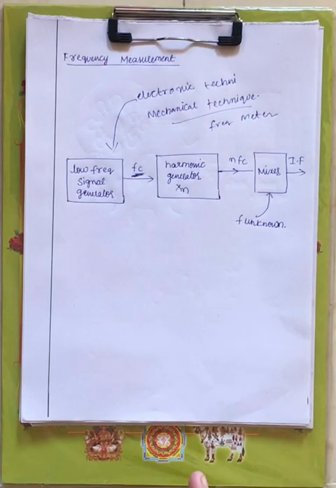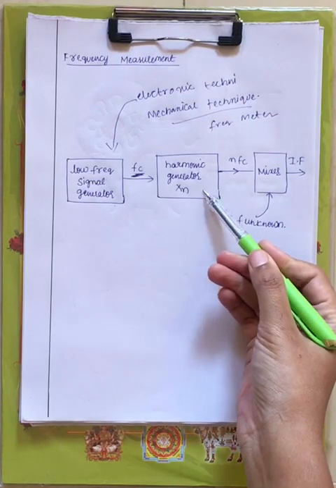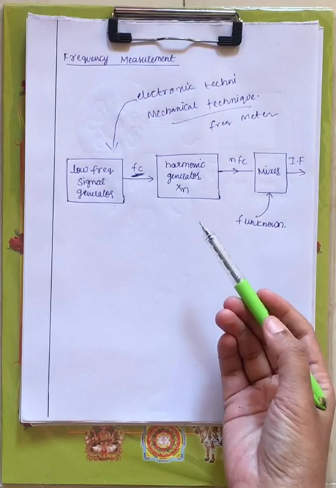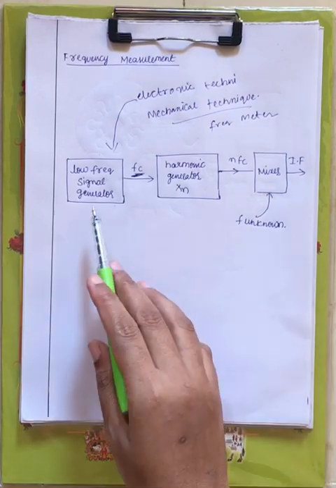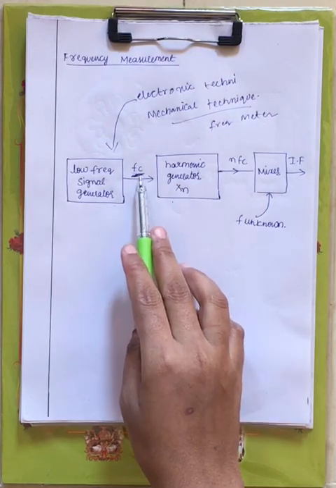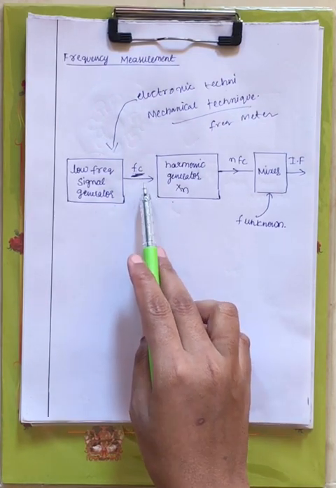Initially the first block is the low frequency signal generator. It will generate a signal with frequency Fc, and that is known. This Fc is given as input to your harmonic generator. The low frequency signal is nothing but your signal with frequency Fc.